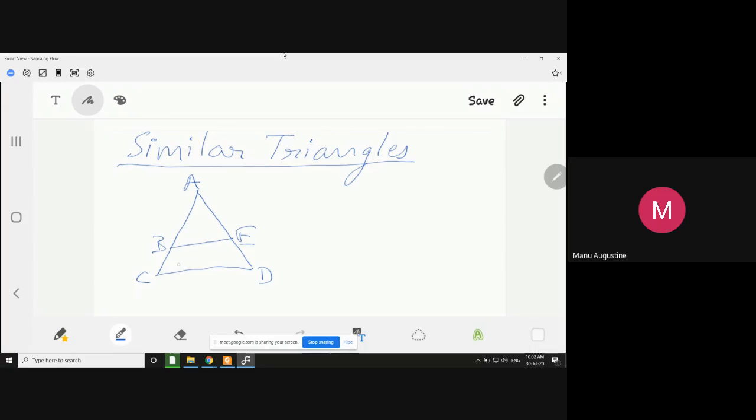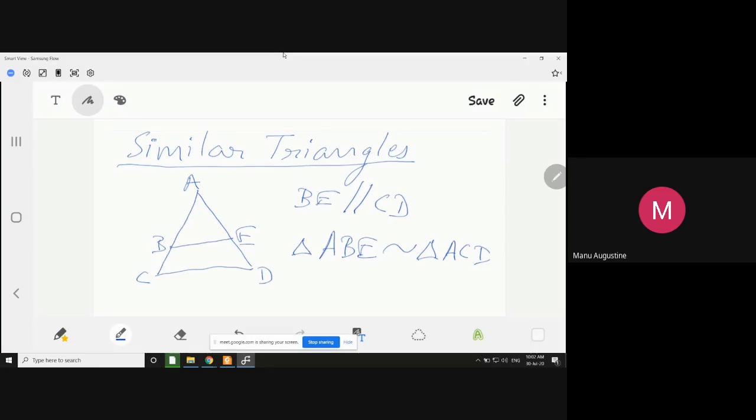The important thing is that BE is parallel to CD. And now the concept of similar triangles says that triangle ABE is similar to triangle ACD.